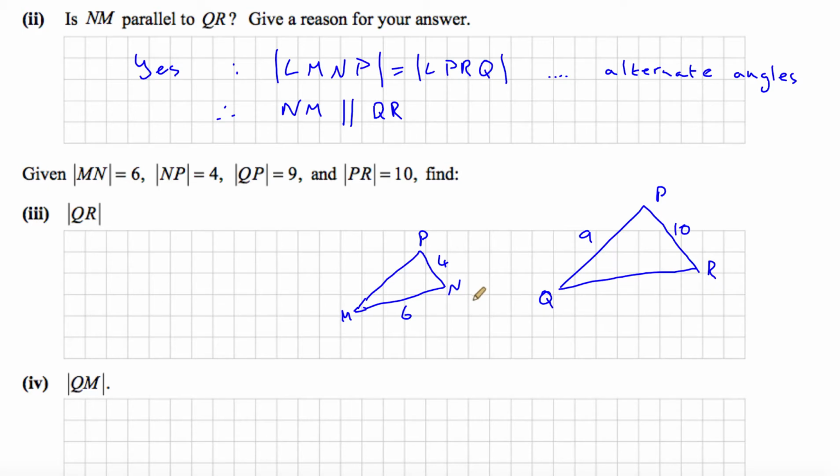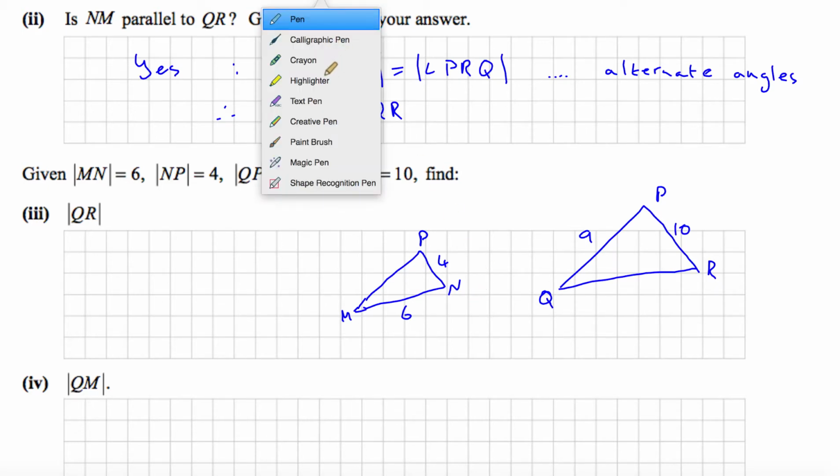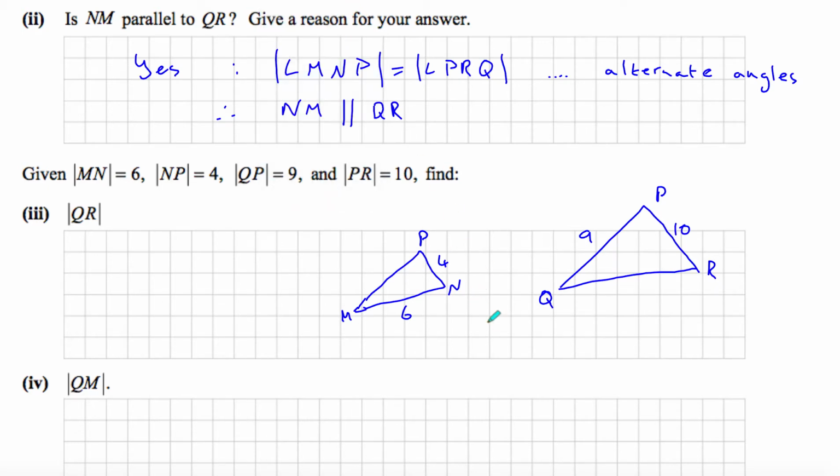So once you have them oriented the same way, well then you can find two corresponding sides. So we can see that PN corresponds to PR. So 4 and 10 correspond. So we can use this to find the scale factor.